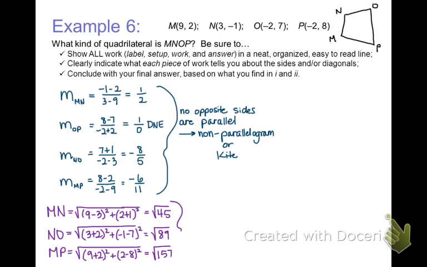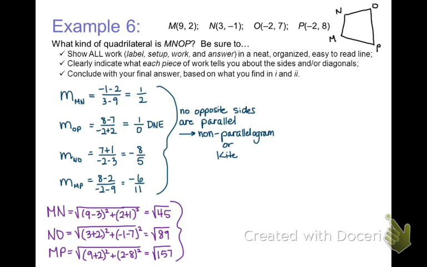So now we draw our conclusion. What would we say about this? Like, what did we just verbally say? We can say that there's at least 1 pair. So there's no consecutive sides that are congruent to. And which side do I know I have no consecutive sides congruent? Which side did we check? MN, right.